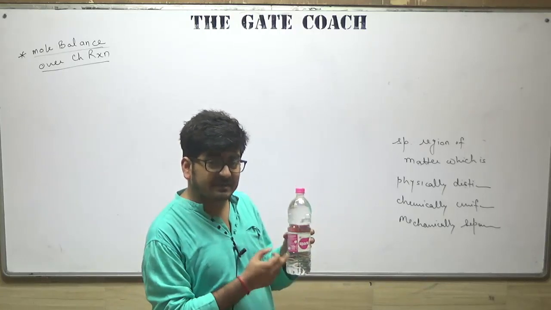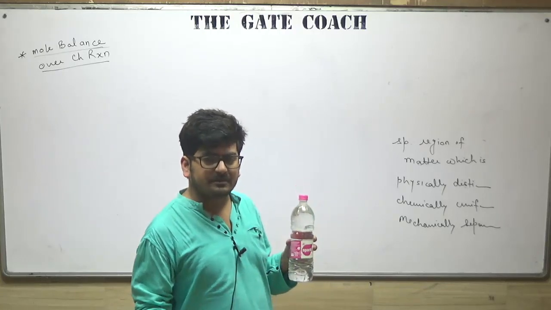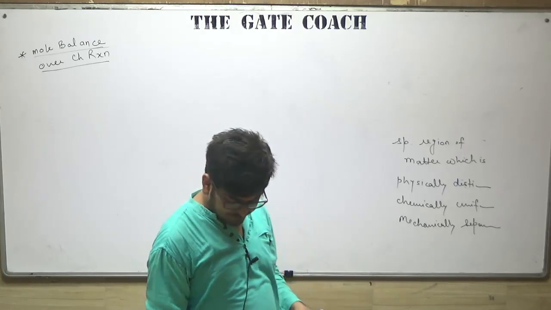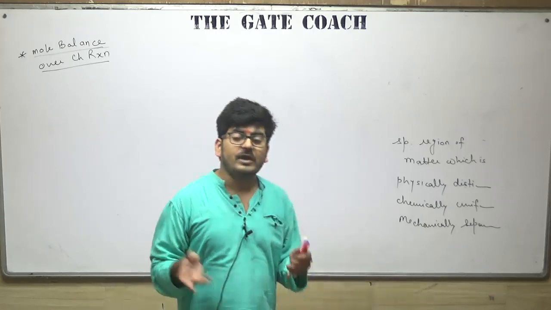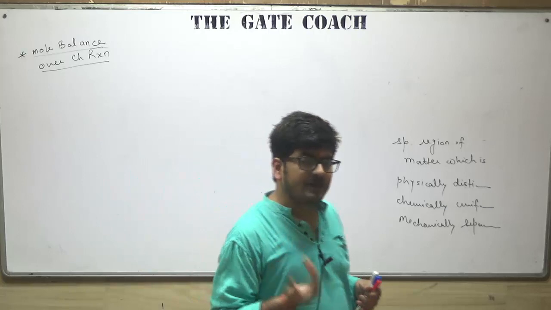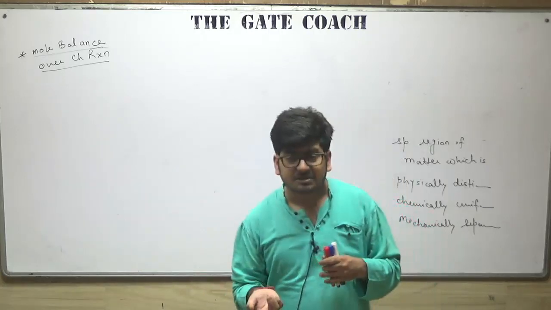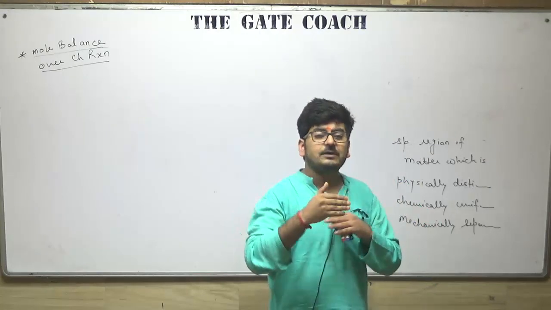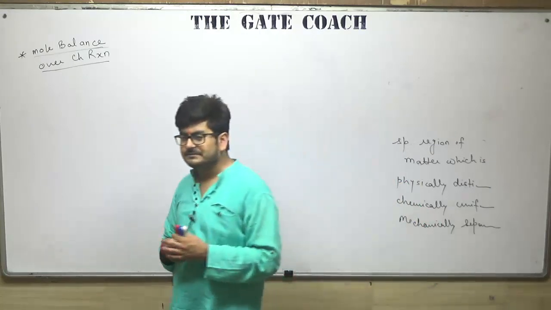So this is physically distinguishable. So we will simply say that is a two-phase mixture. Similarly, if you add oil in water, then again with your naked eyes you can distinguish between water molecules and the oil molecules. So that will be a two-phase mixture for us.